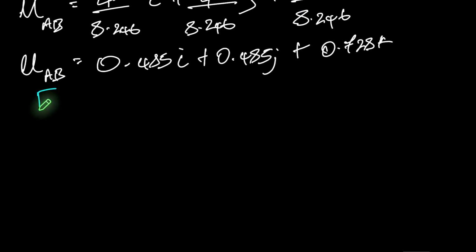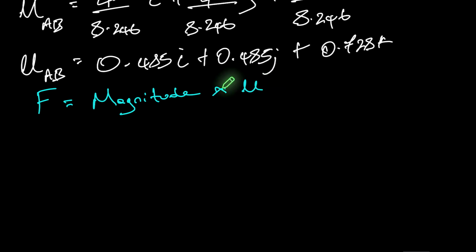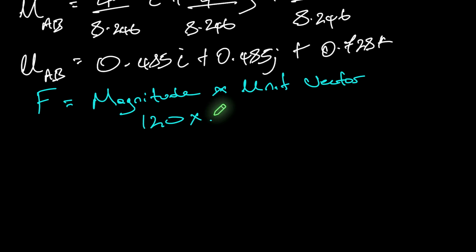So for this, the force is equal to our magnitude multiplied by our unit vector. We already know that the magnitude, which was given in the question, was 120. So we're going to multiply 120 as a scalar quantity by our unit vector AB.